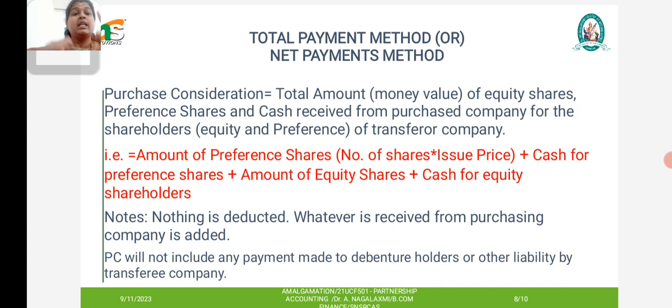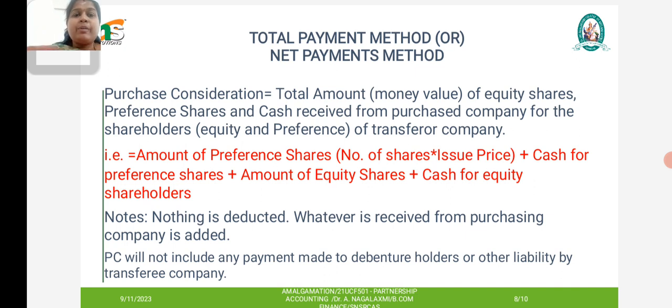That is the amount of preference shares. How do you ascertain it? Number of shares into issue price, plus cash for the preference shares, plus amount of equity shares, plus cash for equity shareholders. These things are included in purchase consideration. There is an important note: nothing is deducted.